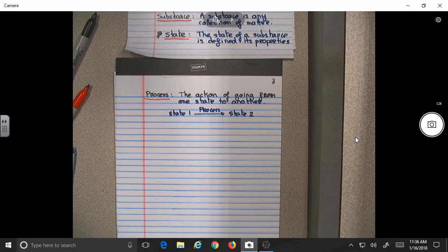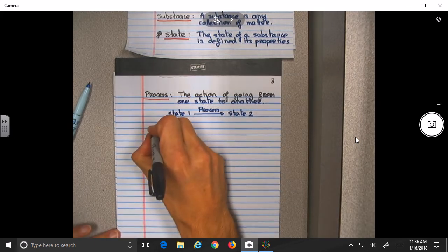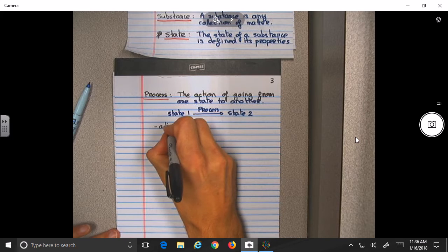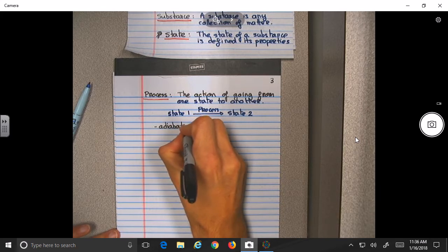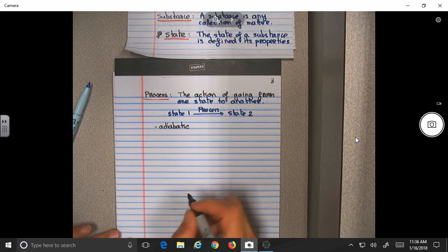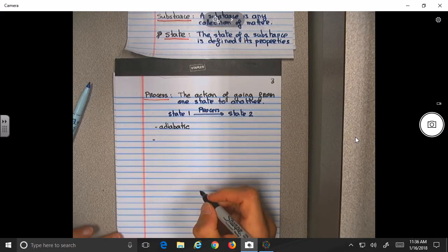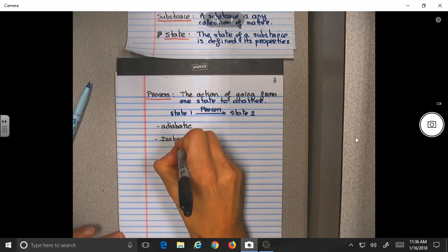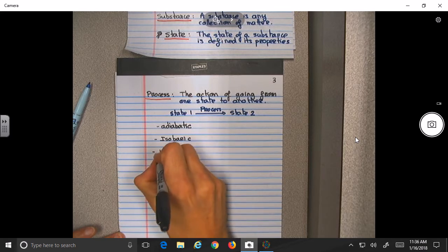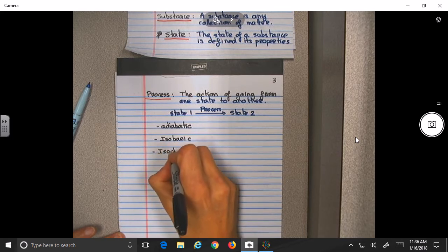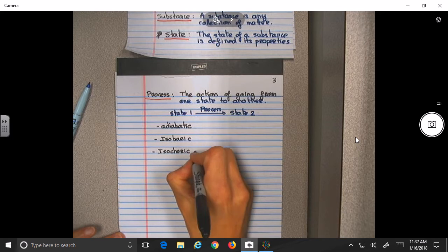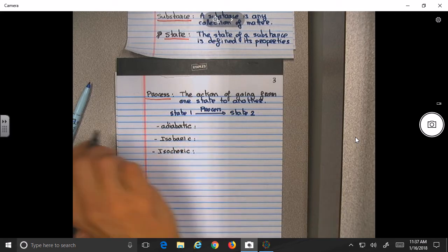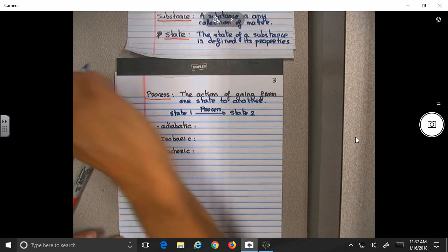All right. Since we're talking about processes, the other day I gave three or four new terms. One was adiabatic. The other one was isobaric. And the other one, isochoric. Let's start with the middle one.